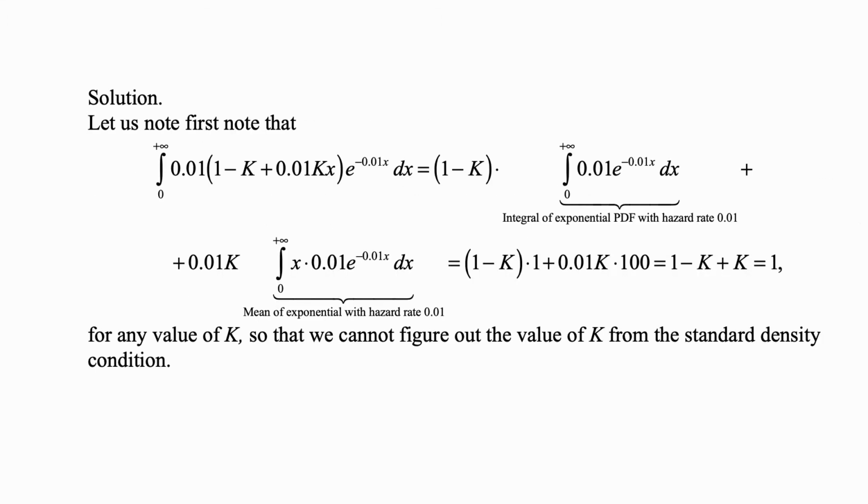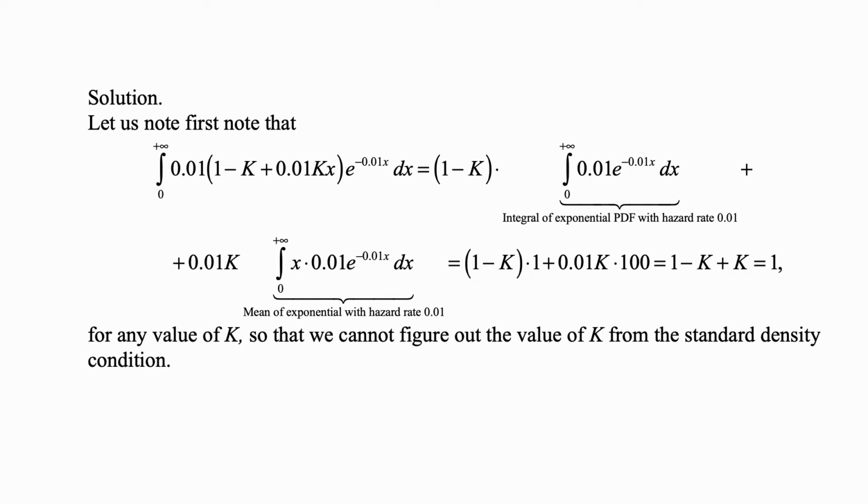And here's a solution. Let us first note that the integral from 0 to plus infinity of 0.01 times the quantity 1 minus k plus 0.01 kx, times e to the minus 0.01 x dx, is equal to 1 minus k times the integral from 0 to plus infinity of 0.01 e to the minus 0.01 x dx.